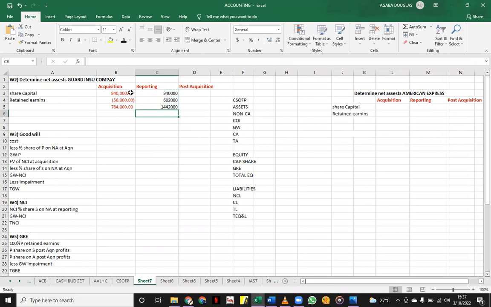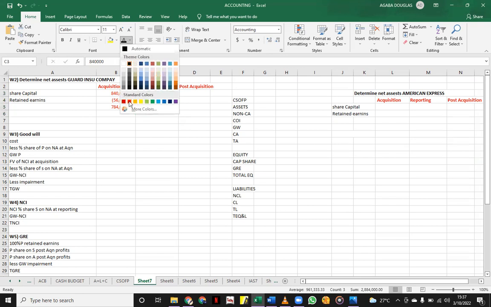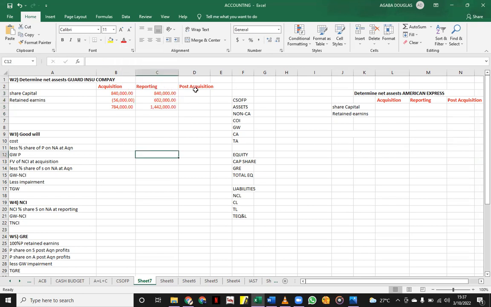When we add up this, we need to put commas so that we can be sure. Then we can clearly see that we are going to get our post-acquisition. Why do I always get post-acquisition before I proceed? It's because when I'm calculating my group retained earnings, I'll need to find out the parent's share.